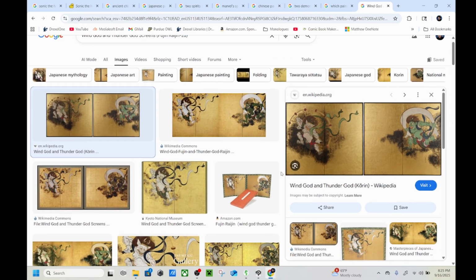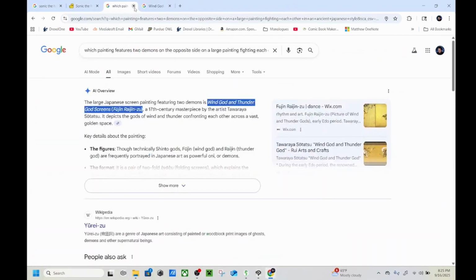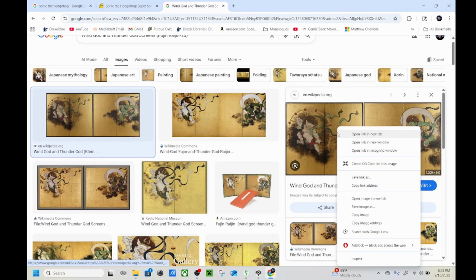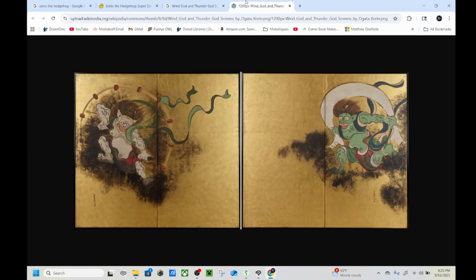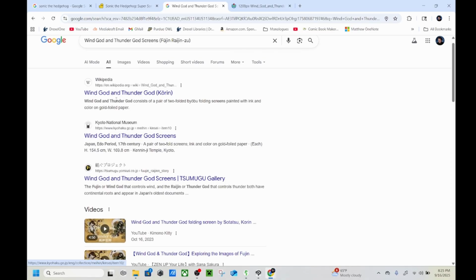Found it. I found it. This painting. This one. What's it called? Wind God and Thunder God.